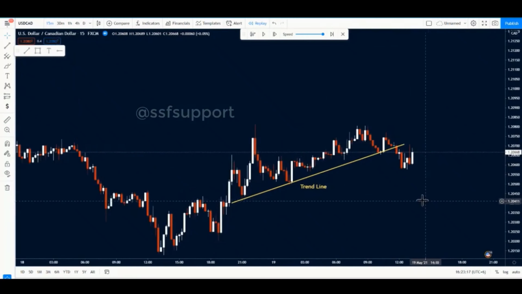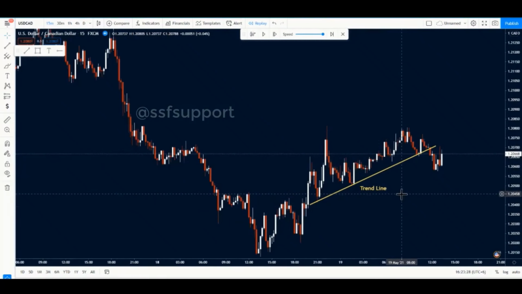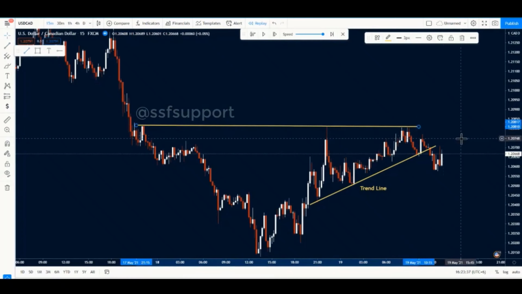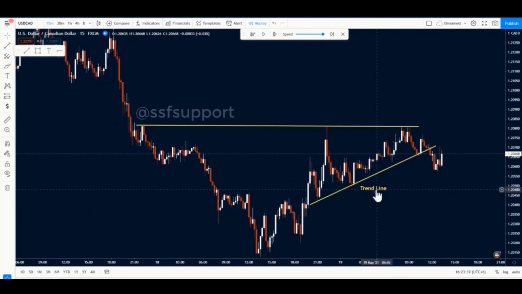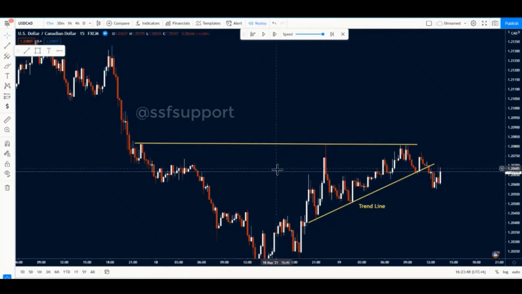Now as you can see, the price moved down here, and the reason for that was to grab the SL of retailers here. Now let us see if price has some target upwards. As you can see, price has created an equal high in this area. This is a kind of resistance, and so there are retail SLs in this area.